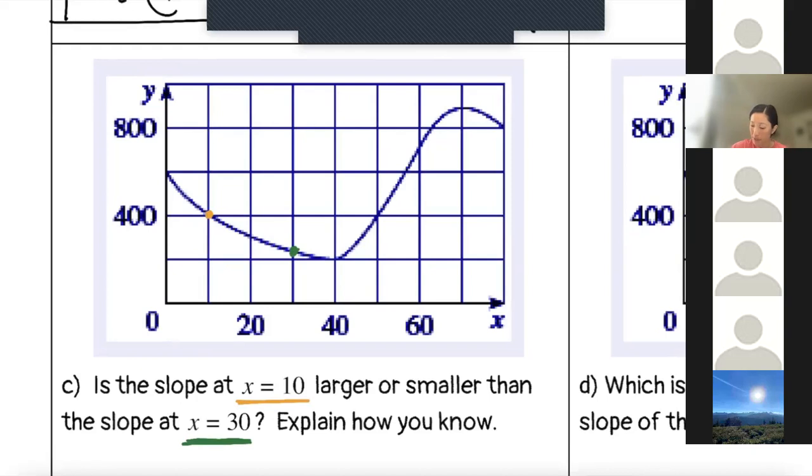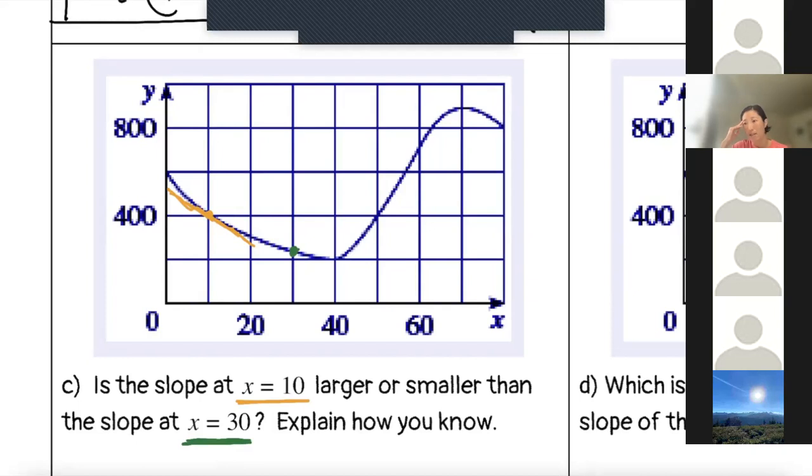Now, I think these two are going to be fairly close, all right? But if I were to sketch the slope here of the orange one, it might look something like this. That orange line is a good visual example of something we call a tangent line.